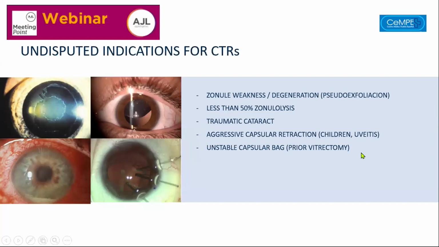Many cataract surgeons have already done a cataract surgery in a previously vitrectomized eye, and you can see intraoperatively that the capsular bag is absolutely unstable and moves freely, mostly the posterior capsule. So by adding a capsular tension ring, you stabilize the capsular bag.